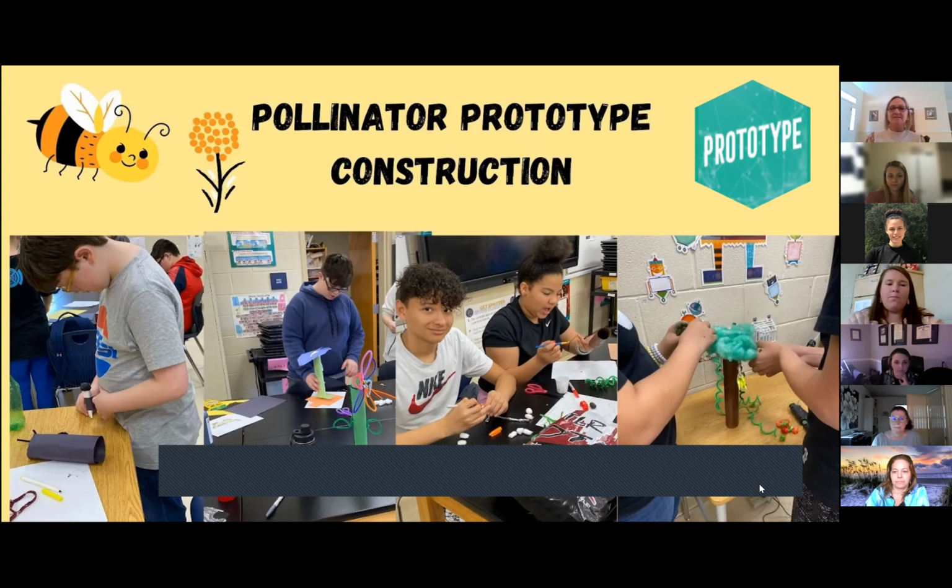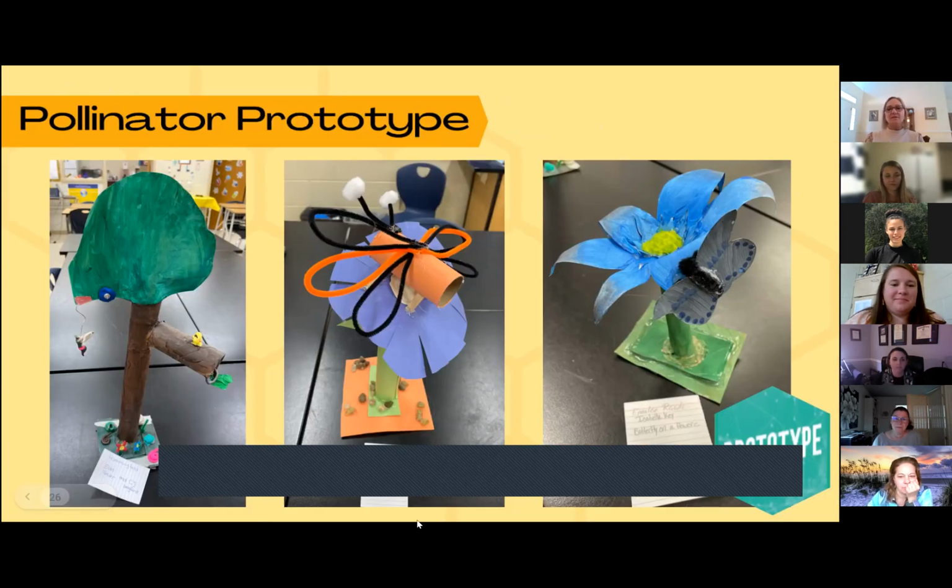I happened to find some fluff, like you stuff a pillow, and they were very excited with the tree that I had found that. They thoroughly enjoyed making these and were very proud of them. These are some examples of some final ones. This is a hummingbird, and then you have a butterfly, and then a fly, a moth.